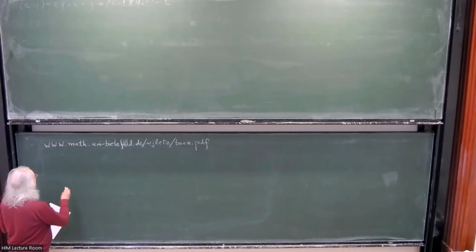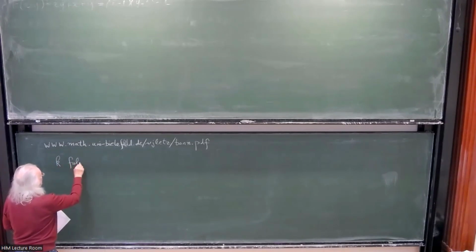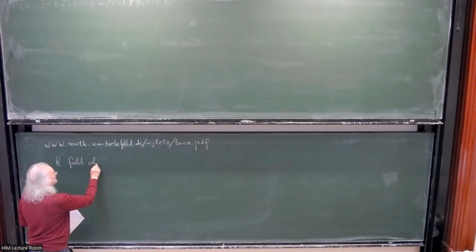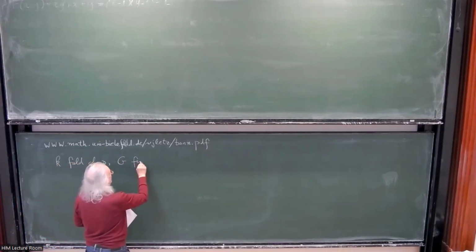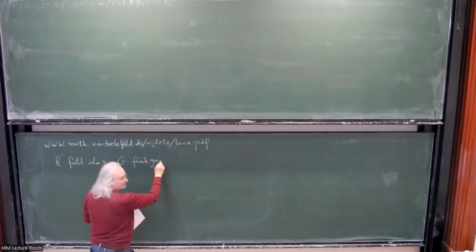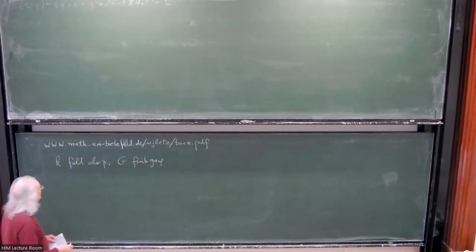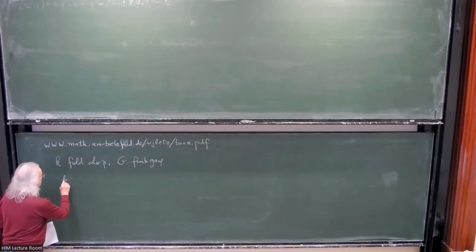So we're going to start off with, I'm going to be working always over a field of characteristic p, and G is a finite group. And so the first object of interest is the group algebra kG.